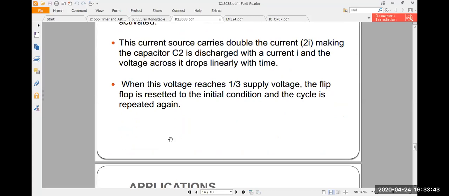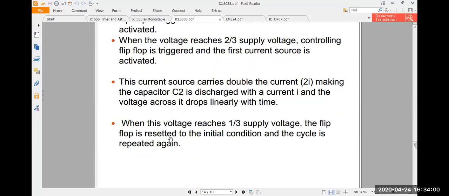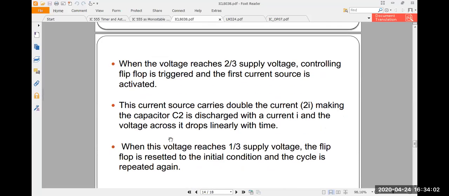When the voltage reaches one-third of the supply voltage, the flip-flop is reset to its initial condition and the cycle is repeated again and again. The working is the same as what we learned for IC 555. Whenever the voltage is more than two-thirds VCC, the flip-flop is set and the current source is activated, meaning it is in the circuit now.